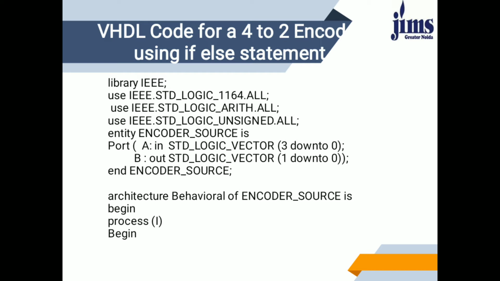An encoder is a device which can convert any number of input lines into output lines. It is used to encode any input string into a coded form. So to write an encoder code using VHDL, we can opt for many styles, like the if and else statement, or the case statement.